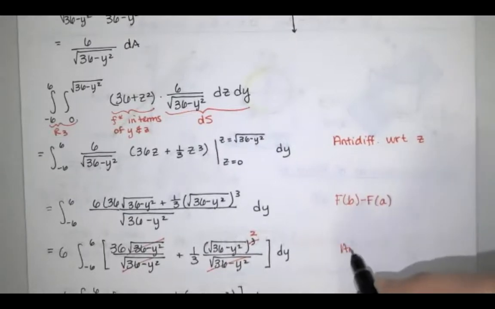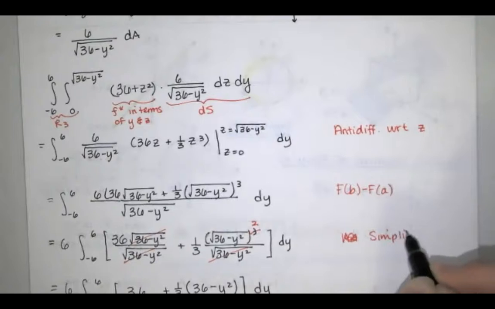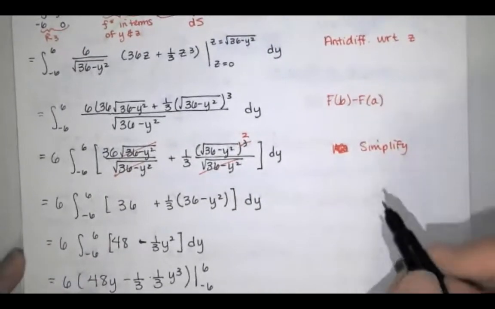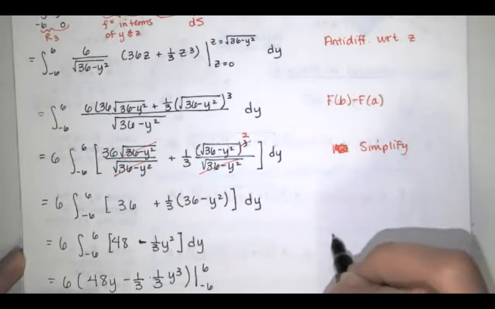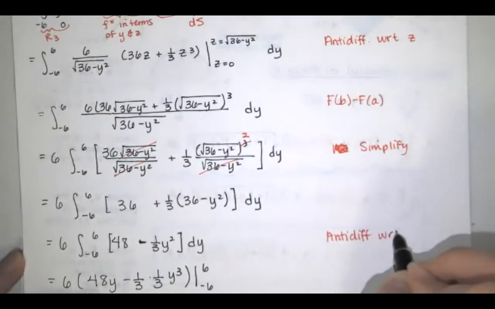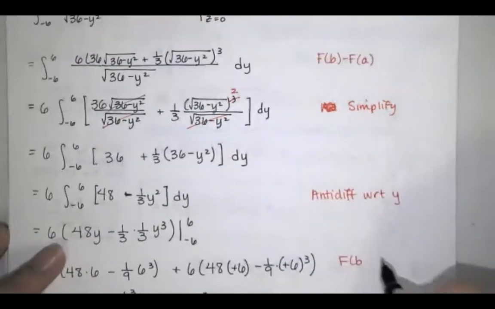And then you anti-differentiate, well, first we had to simplify. Messy today, we're doing a lot of scribbling today. And then after we simplify, we anti-differentiate with respect to the second variable. And then we use the fundamental theorem.